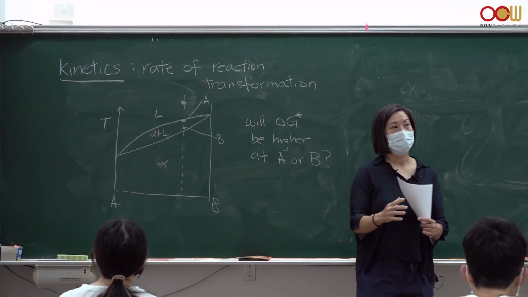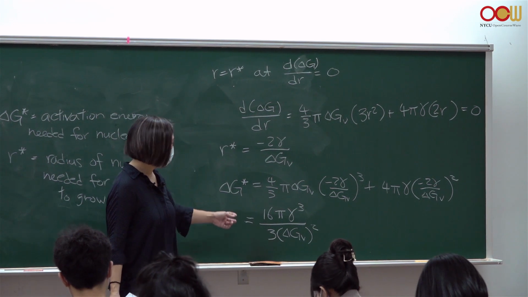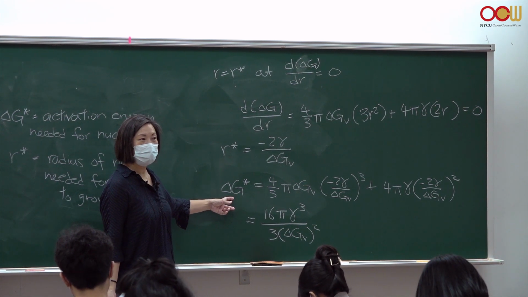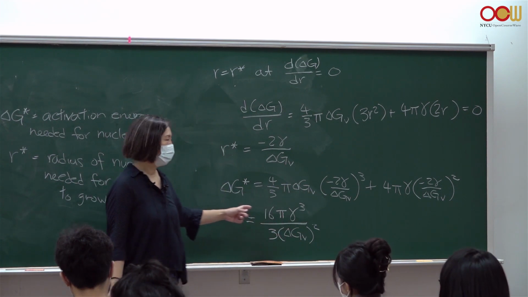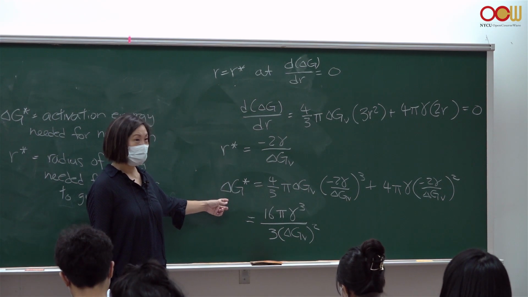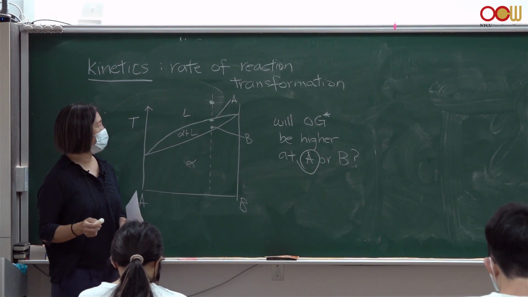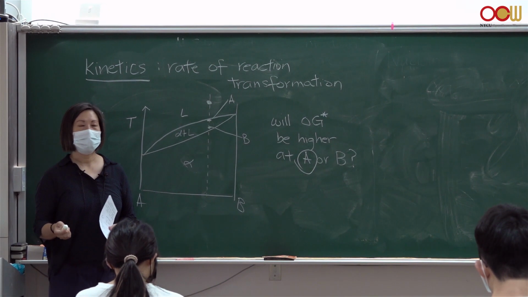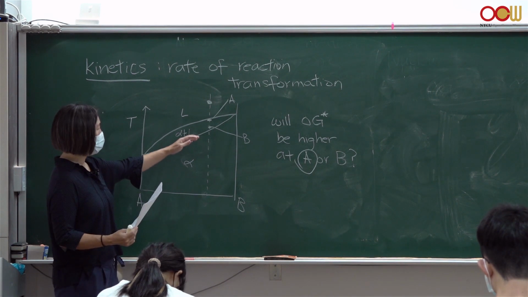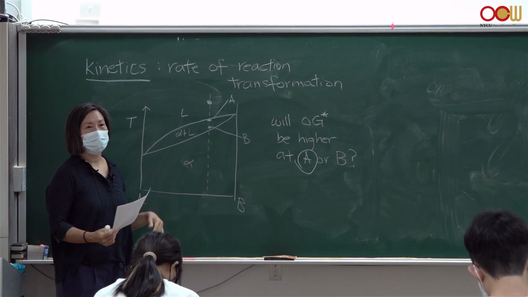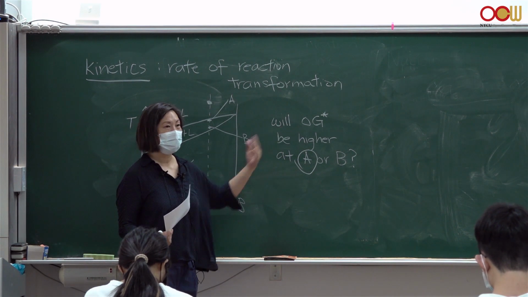Point B has a higher change in free energy, and therefore the activation energy will be, if everything else is the same and this increases, then activation energy decreases, right? So the activation energy will be higher at A and lower at B. So in fact, in homogeneous nucleation, sometimes you have to go quite a bit under the phase transition temperature in order to overcome this activation energy.